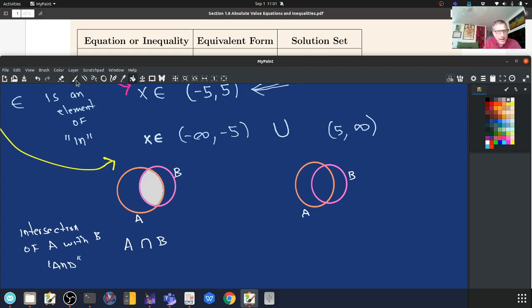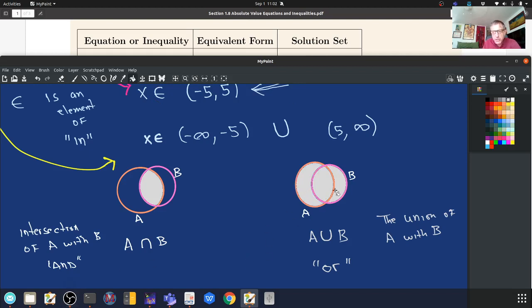On the other hand, if I take their union, so union looks like a U, but it doesn't have the little bitty down leg, the union of A with B is anything in A or anything in B. Any element in A or any element in B. So clearly that includes the intersection, but it also includes that and that.